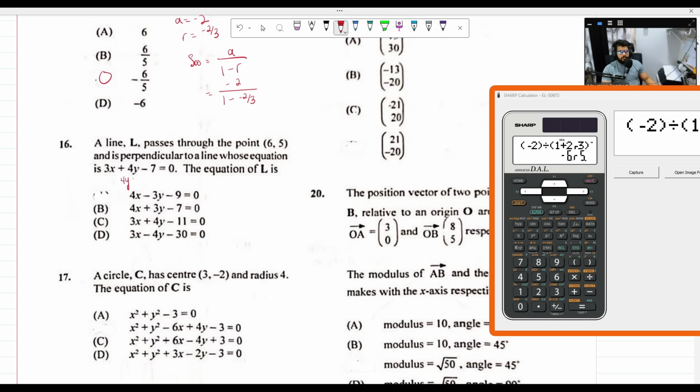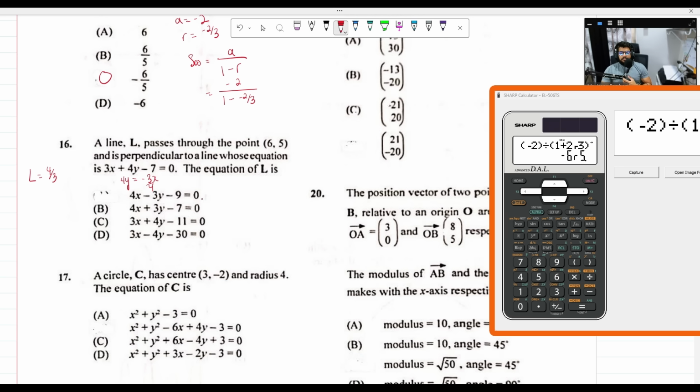So 4y will be equal to minus 3x plus 7. When I divide both sides by 4, I get the gradient to be minus 3/4. So the gradient of L is going to be 4 over 3. I'll flip and change the sign. A point on L is 6, 5. Now we can check each of these and see which one gives me a gradient of 4 over 3.